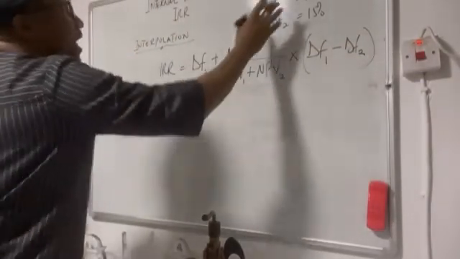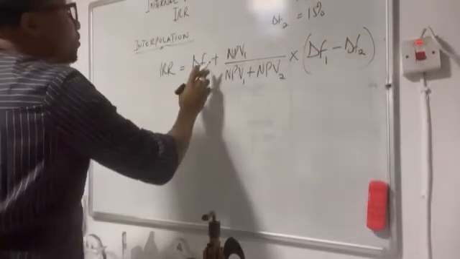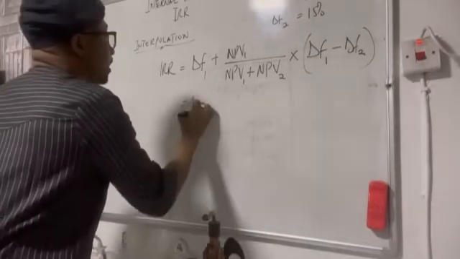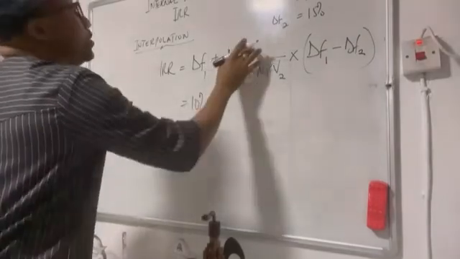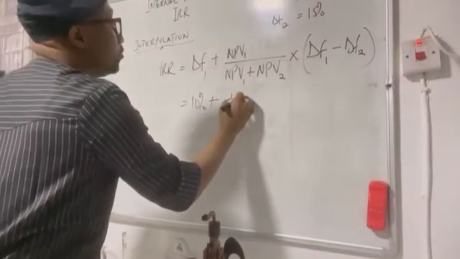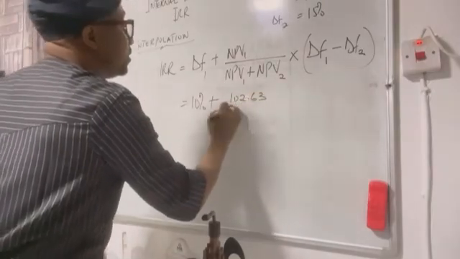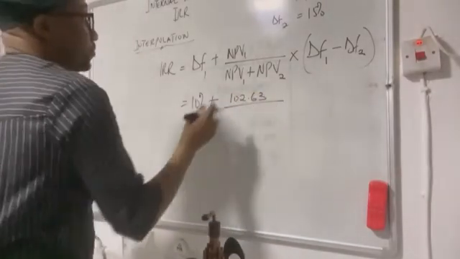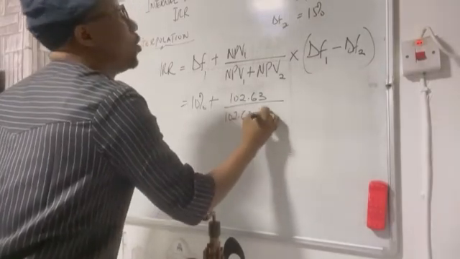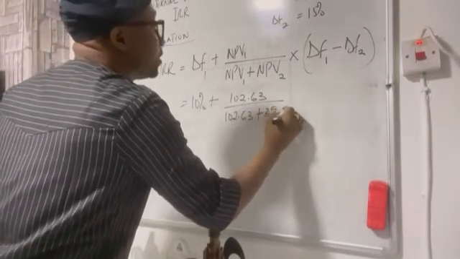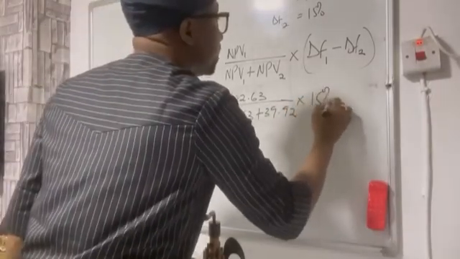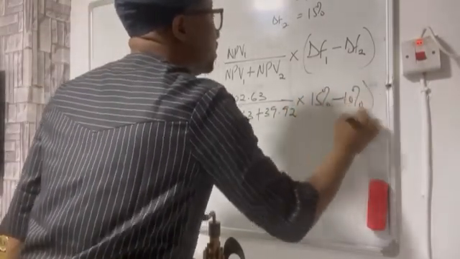So what I have here is the discount factor 1, which is the positive discount factor 10%, plus the positive NPV1, 102.63, divided by 102.63 plus 39.92, multiplied by 15% minus 10%.